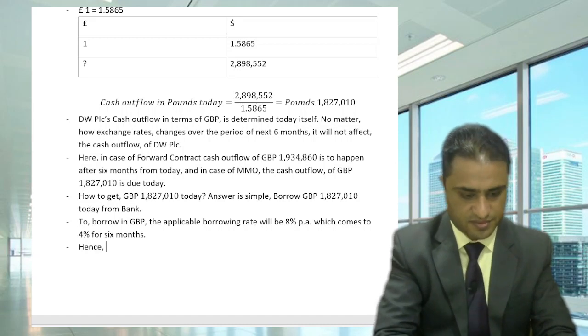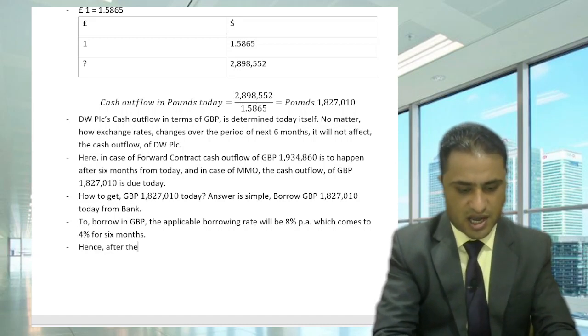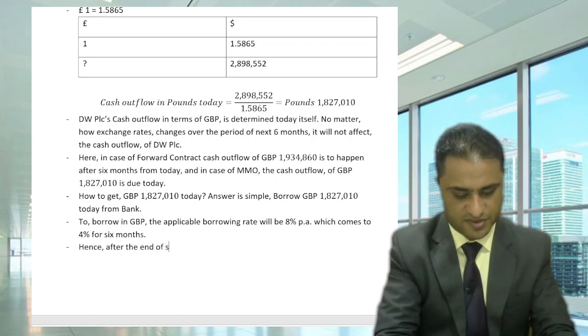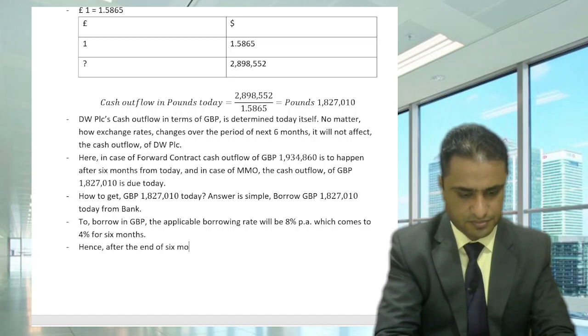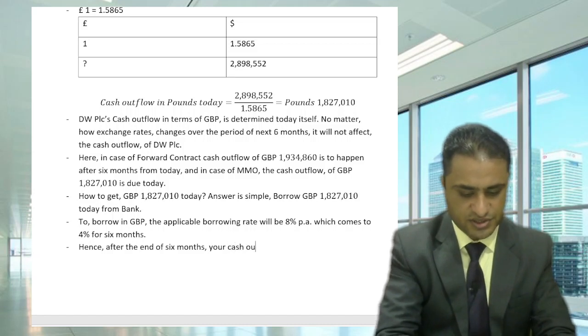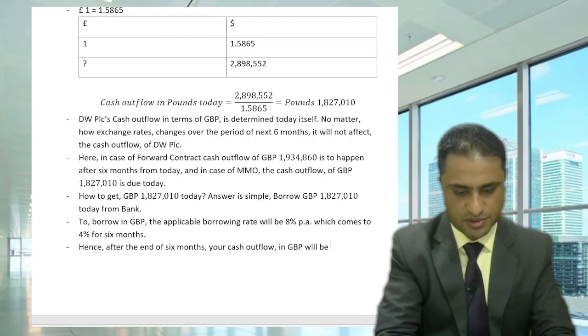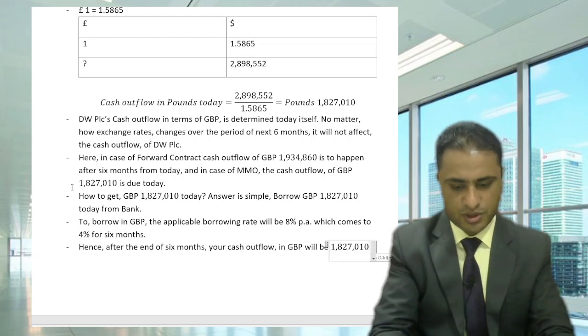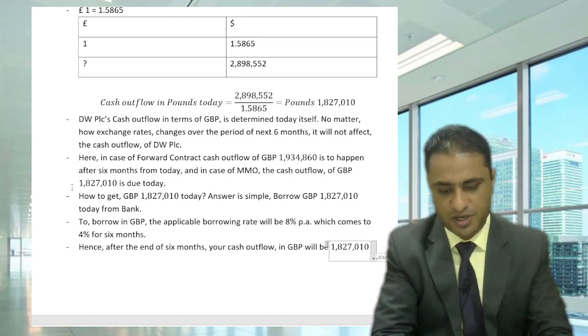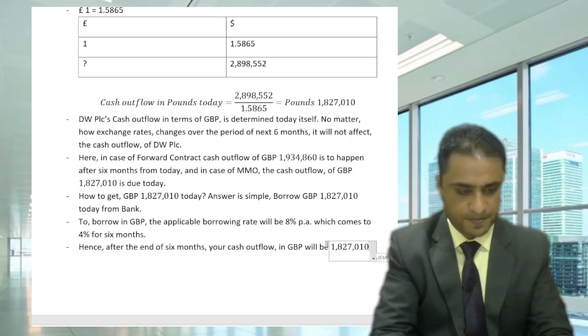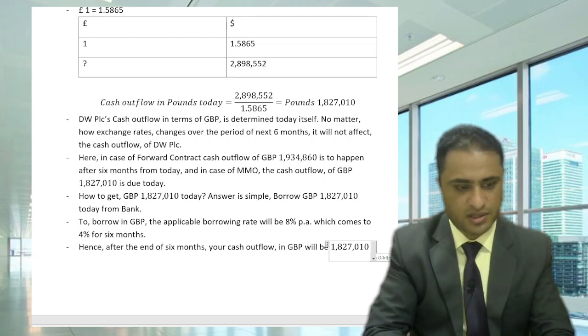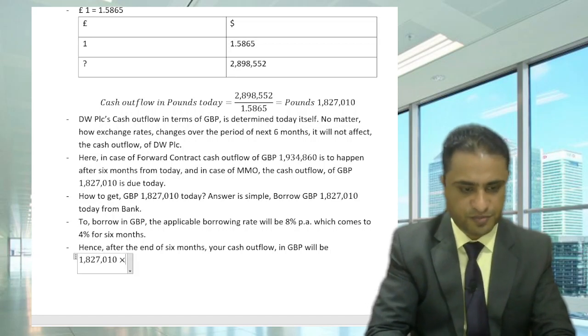Hence, after the end of 6 months, your cash outflow in Great Britain pound will be, this is what you borrowed today, 1827010. It will increase by 4%.